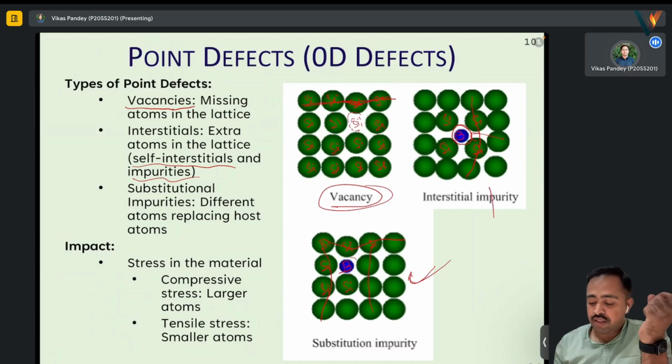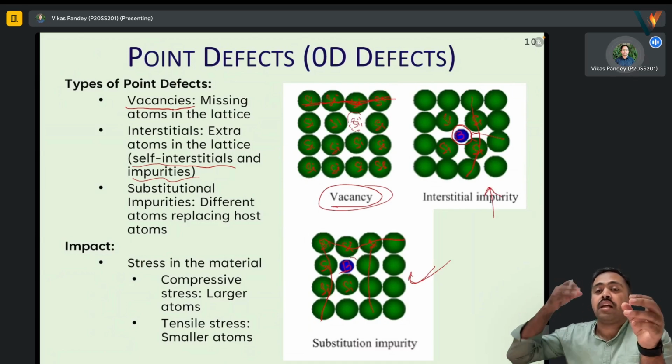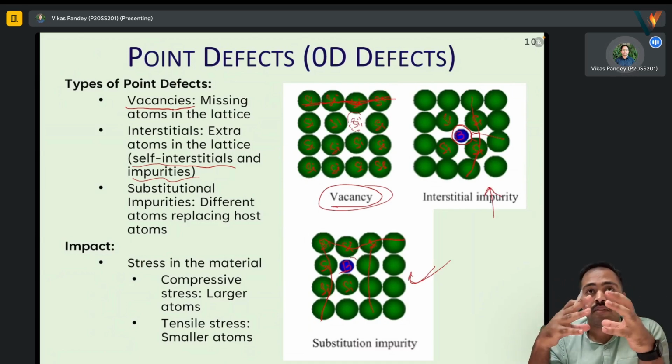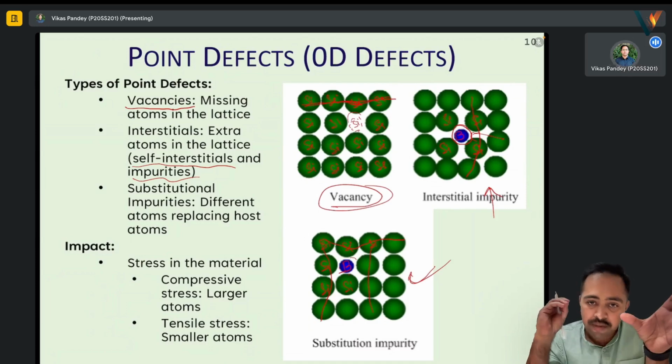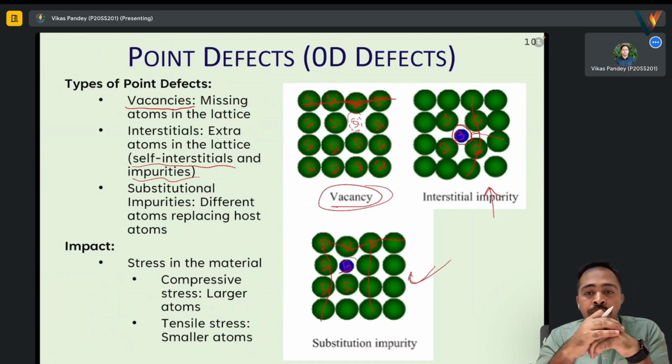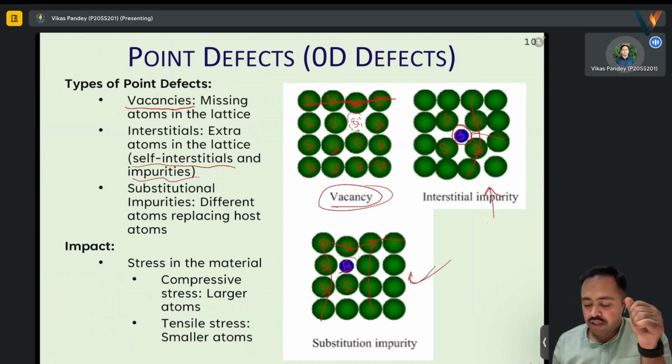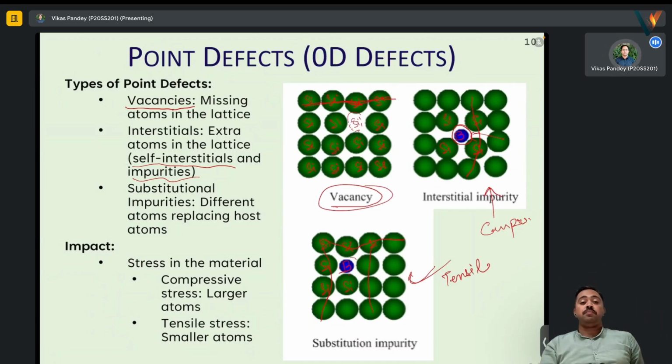And in this case, since it is sitting at a position that was not desired, like all the things are filled and something has been forcefully inserted, it will be compressive. This will be compressive, and this will be tensile in nature. Okay, so stresses develop due to this point defect.